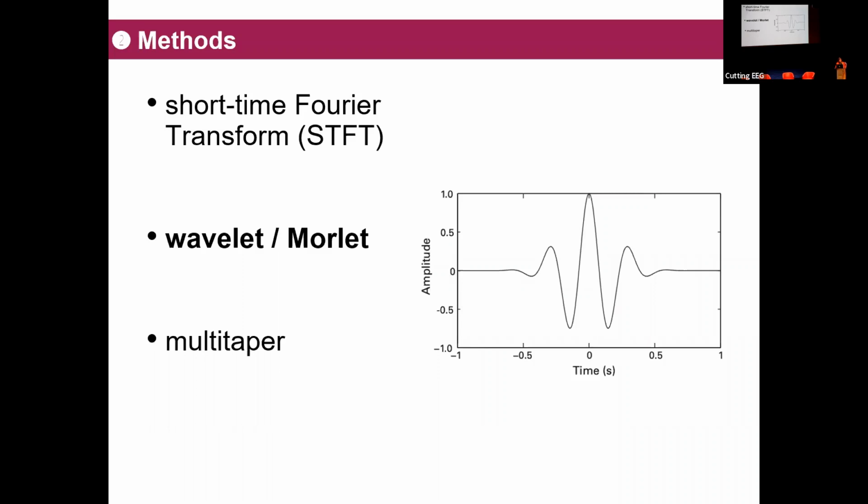And what you do is you go through your signal and check how similar your signal is to this wavelet. What you vary is, for instance, the frequency of the wavelet and the attenuation of the wavelet. These are your parameters in this case. Let's look at some examples of how it looks.